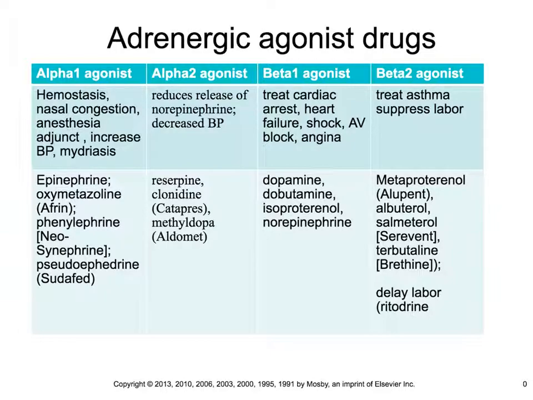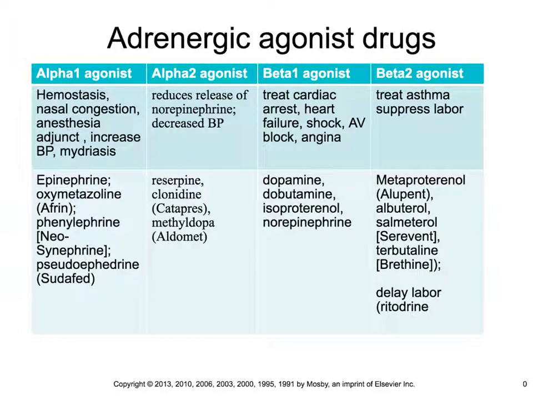So the alpha-1 agonists, this is where you're going to use epinephrine, a great drug when the patient needs to have bronchodilation in an emergency. It also helps maintain homeostasis. It helps with nasal congestion.